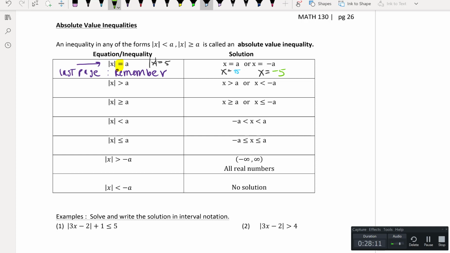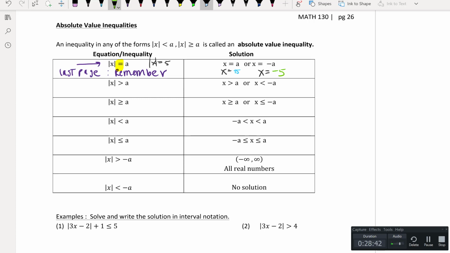Now we're going to throw some more information at you. Now we're going to deal with inequalities. So if it's greater than, or the option of greater than or equal to, then what that means is that you're going to split it up, and this is going to be kind of like your formula that you plug it into, right? Your format. Now if you have the absolute value of x is less than, or the alternative is less than or equal to, a certain value, then you're going to change it into a compound inequality, right?